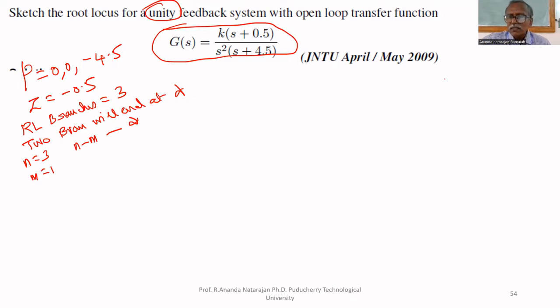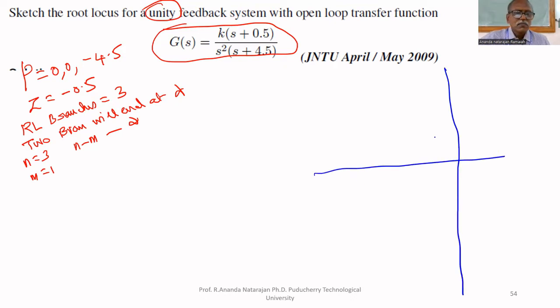Now we have to draw the root locus. Here we have to write sigma, here j omega, and then you have to write S plane. I didn't write these, but you have to write them.